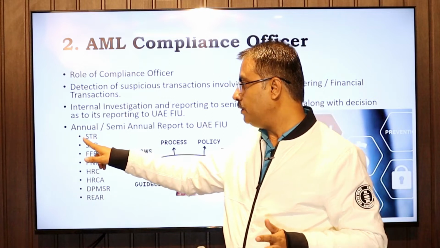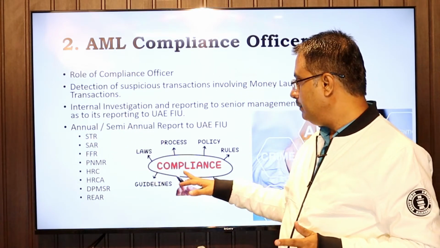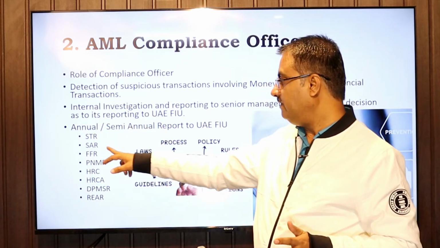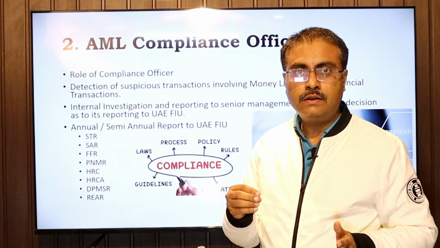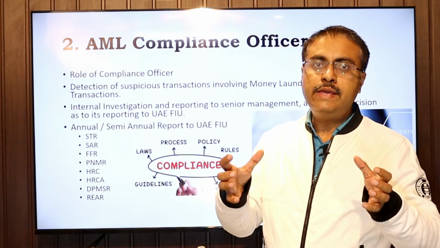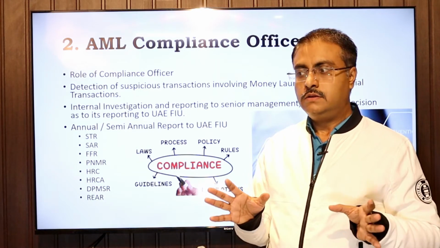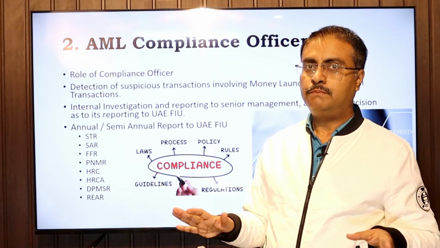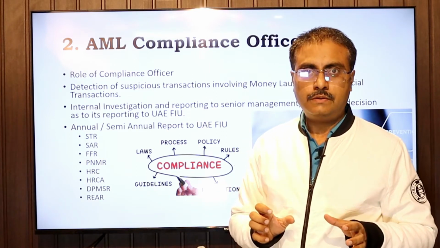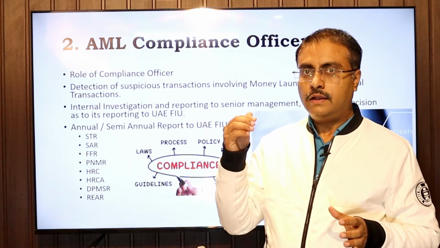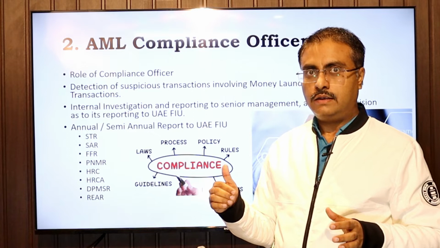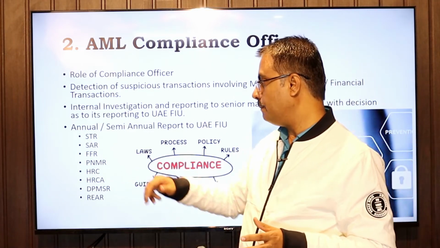So what is the reporting requirement is the STR, as I intimated to you, Suspicious Transaction Report. If you have found the customer's name is in the matching list, you have to file an STR. SAR: if you are going to deal with some new customer, or ongoing activities, and you find there is a partial match from the list, or the customer name is an exact match from the list, you have to file a SAR report.